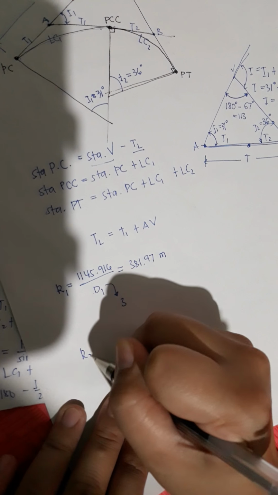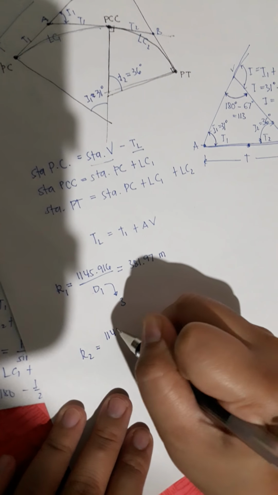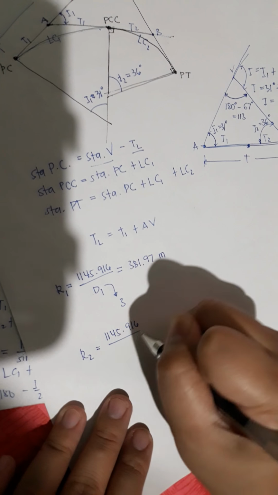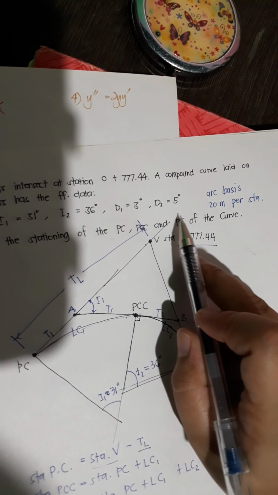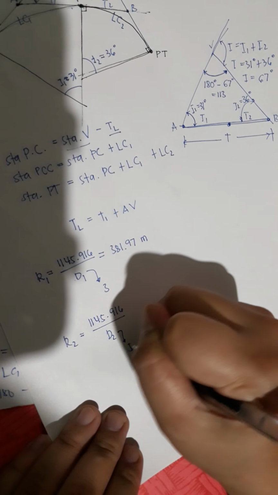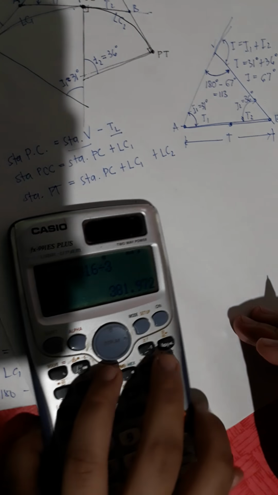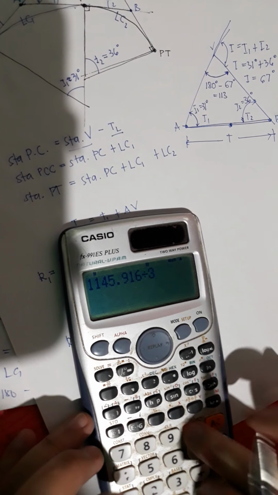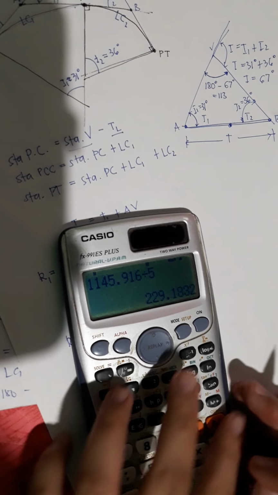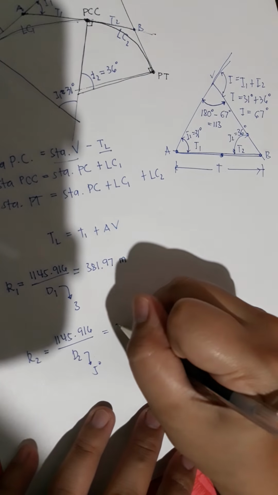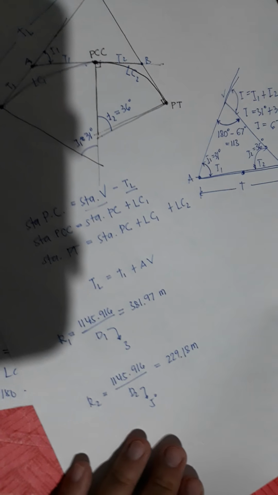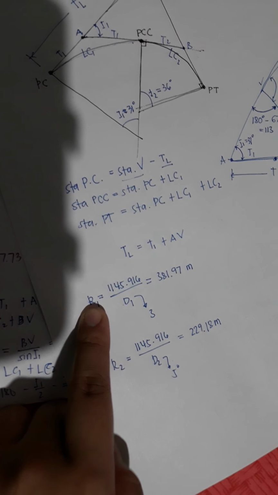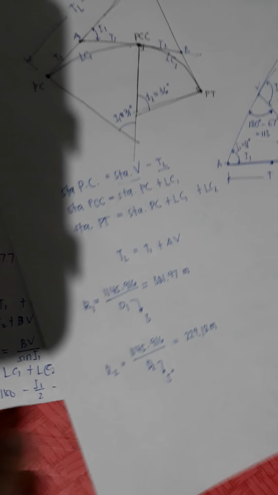And then R2 is 1145.916 over D2, and D2 is given to be 5 degrees. Therefore, R2 is 229.18 meters. We already have the radius of the first simple curve and of the second simple curve.